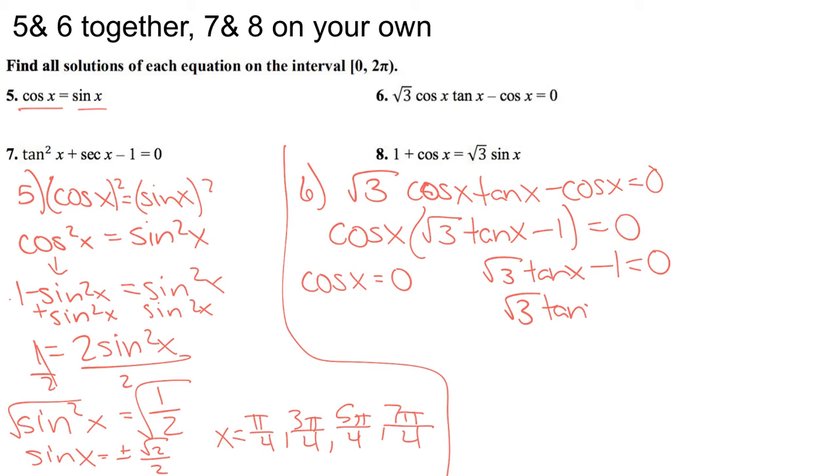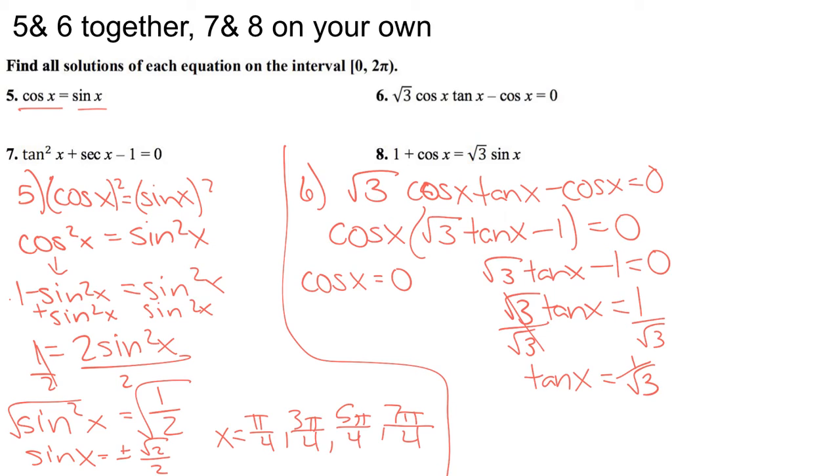This side requires a little bit of work. Tangent is 1 over root 3, so you'd have to go in and check in your unit circle. Obviously, tangent is the harder of the problems.